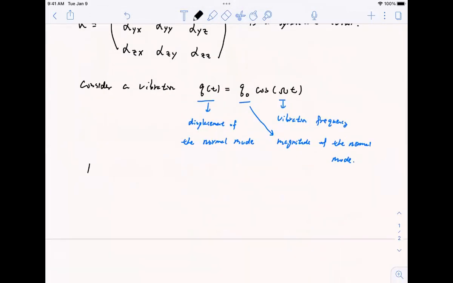Let alpha 0 be the polarizability tensor when there is no vibration. This is the original one, when the molecule does not vibrate at all.